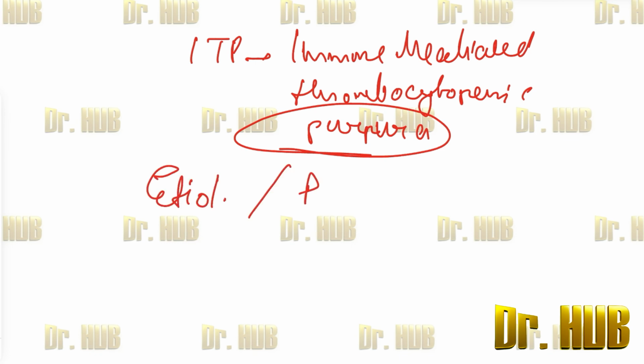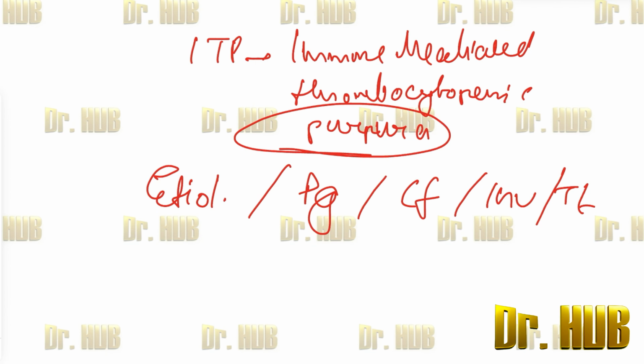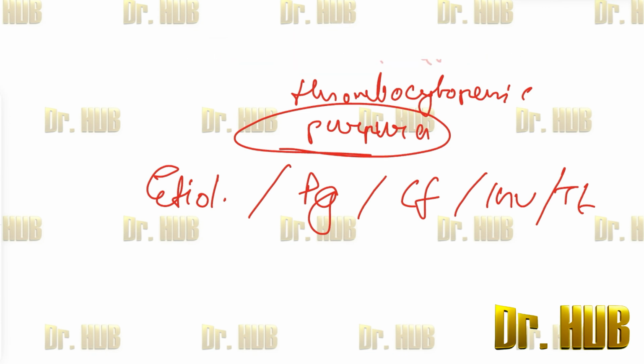Next we'll have a note on the pathogenesis as well as the clinical features, followed by the investigations, and then we also have the treatment. So these are the aspects we are going to see. First comes the etiology.